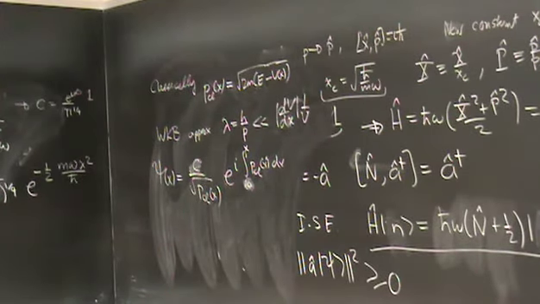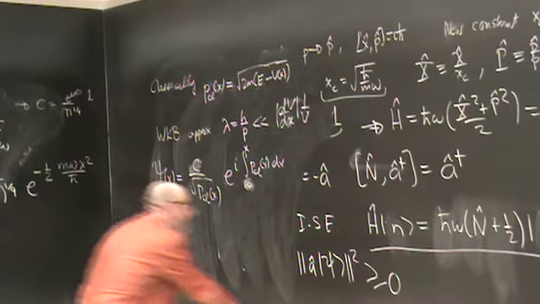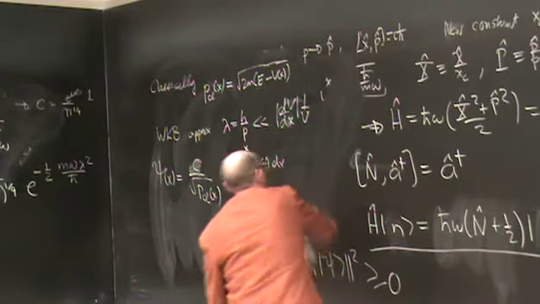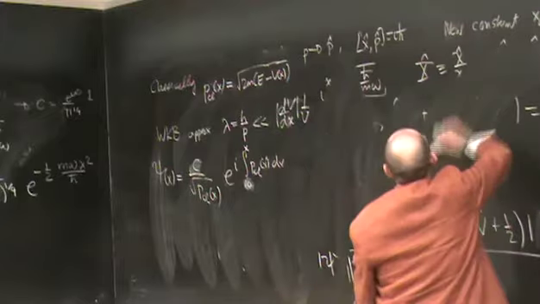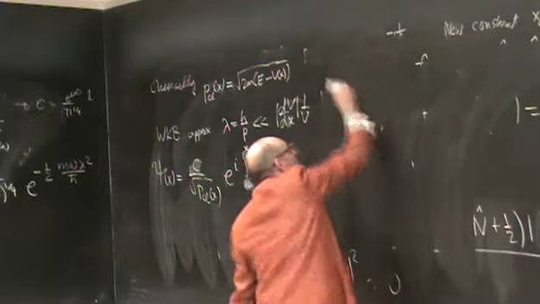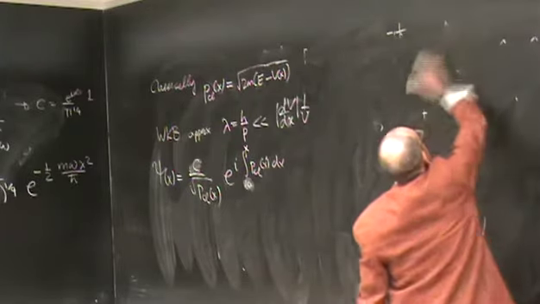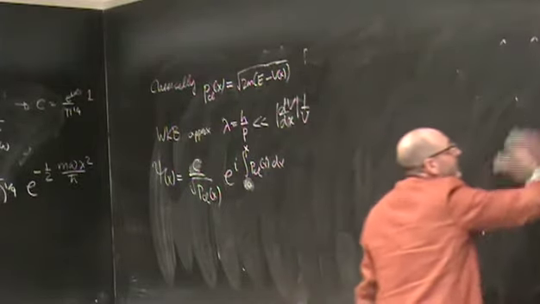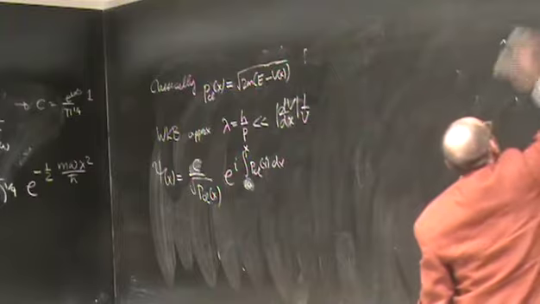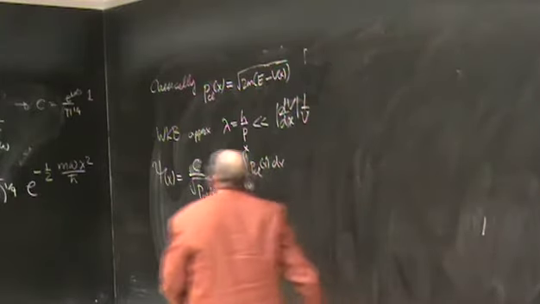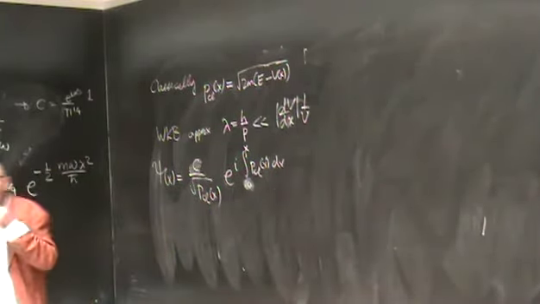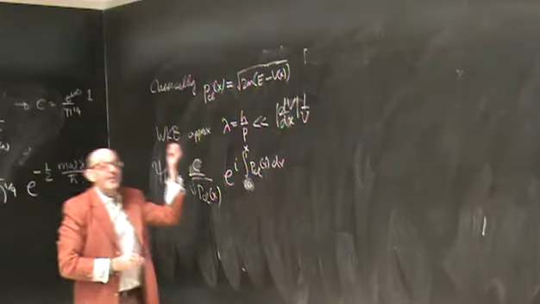So this is a semi-classical approximation. So we expect this to be true for large energies, where the de Broglie wavelength is very small.